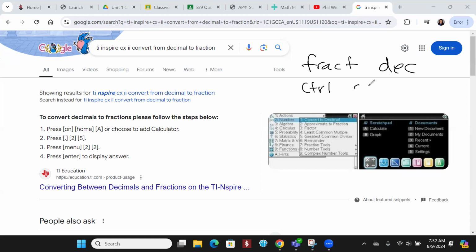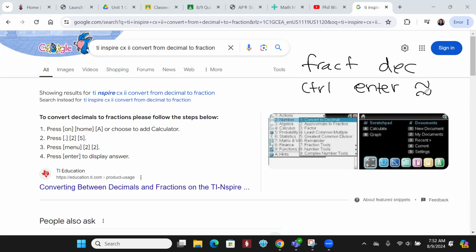Enter. It should look like little bars, on the right-hand side down at the bottom. So from fraction to decimal, you hit control and then enter. And this is the little symbol you're trying to get to. Does that make sense?